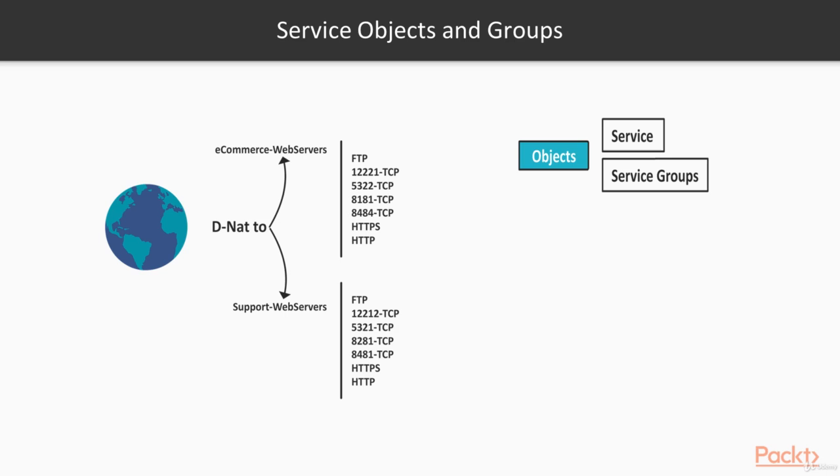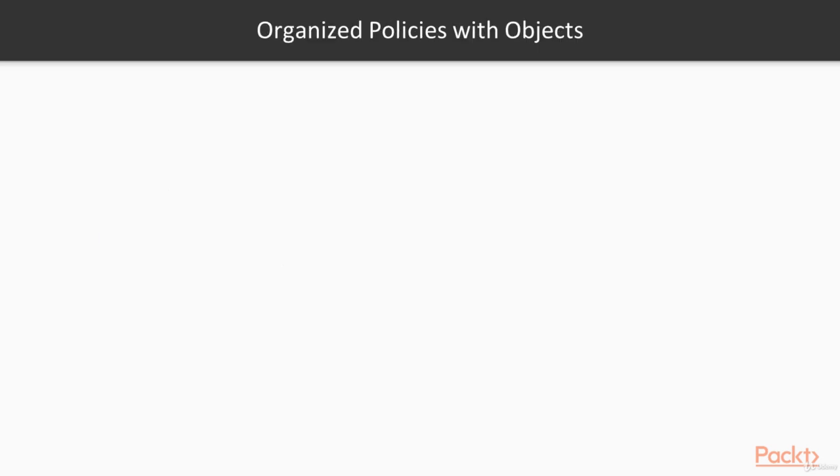Let's take a look at this, and it's going to be very familiar. It's basically the same approach as the address objects, but we're going to add a little more understanding of how we can add those objects and use them efficiently. Again, similar to the address object video, our previous video in this section, in service objects and groups, we're going to be creating service objects.